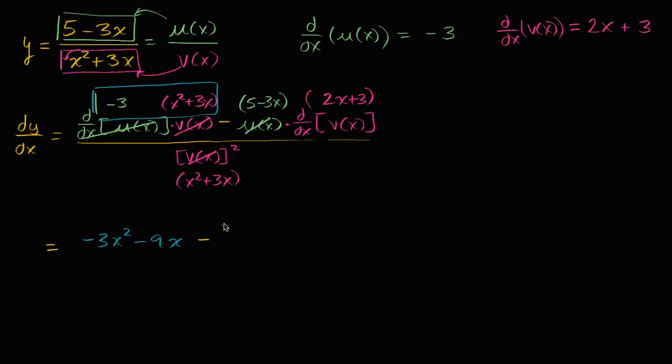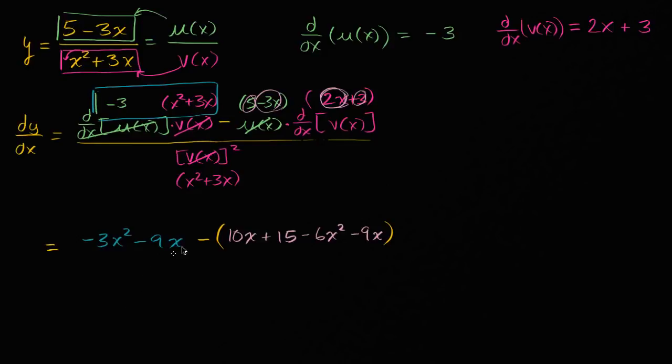What is that going to be? We have a 5 times 2x, which is 10x, a 5 times 3, which is 15. We have a negative 3x times 2x, so that is negative 6x squared, and then a negative 3x times 3, so negative 9x.